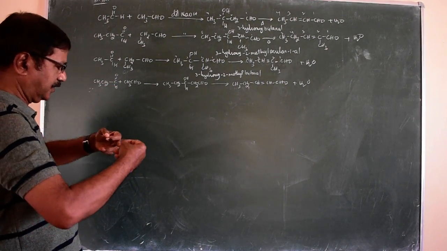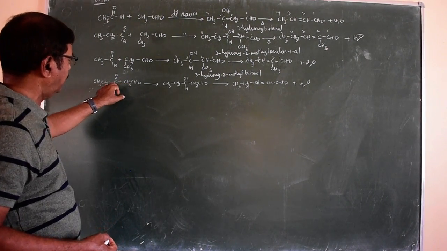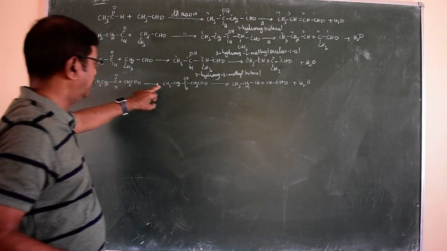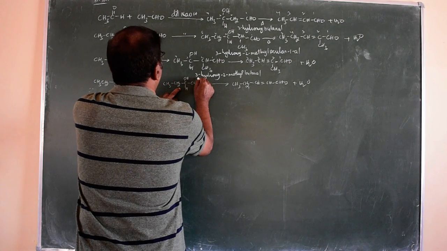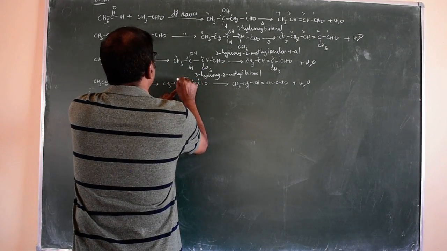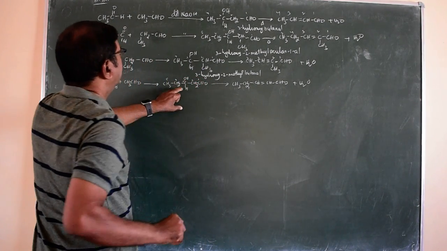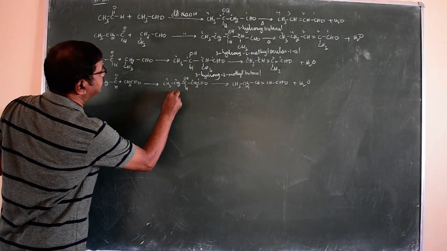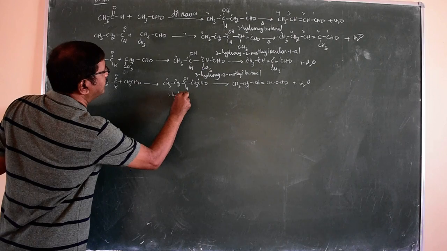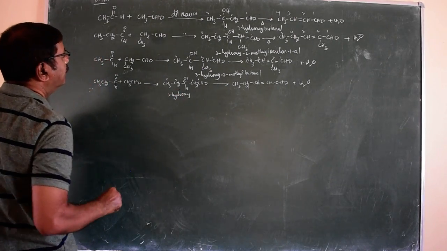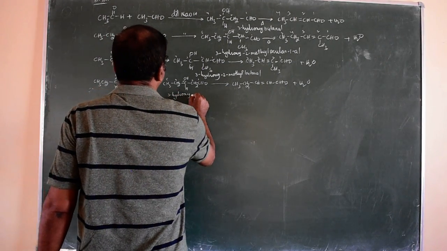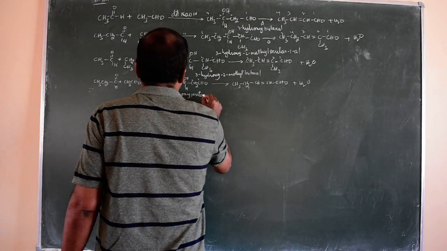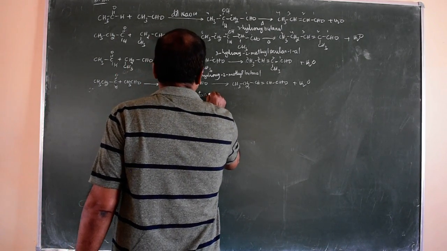Similarly, for this one, condensation takes place between the alpha carbon and the functional group carbon, the C double bond O carbon. Now it is 1, 2, 3, 4, 5, so a total of 5 carbons: 3-hydroxypentanal.